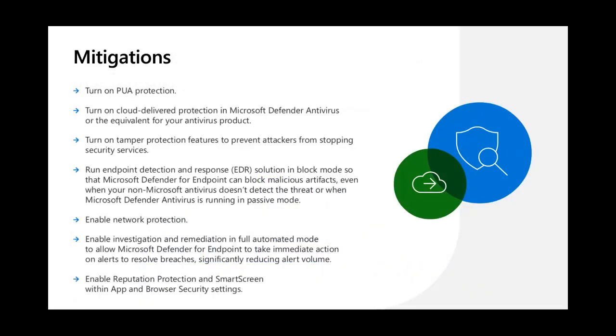So the mitigations that we suggest for this, whether or not you use Microsoft Defender, is to search within your antivirus or EDR product and make sure that you have something called PUA, or potentially unwanted application protection, turned on.